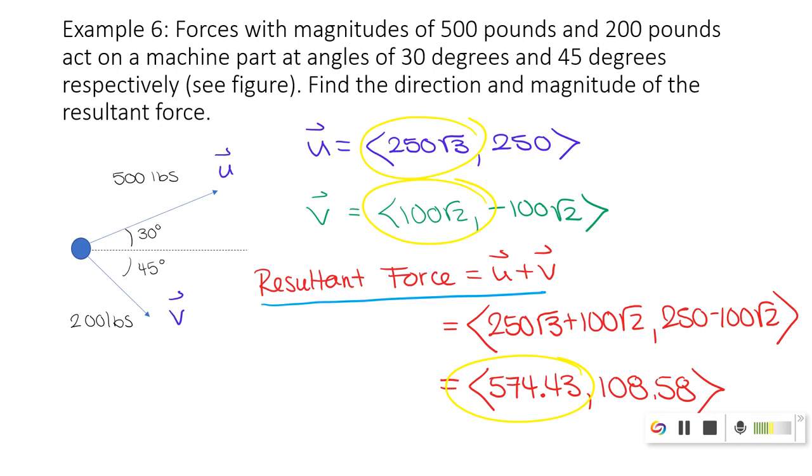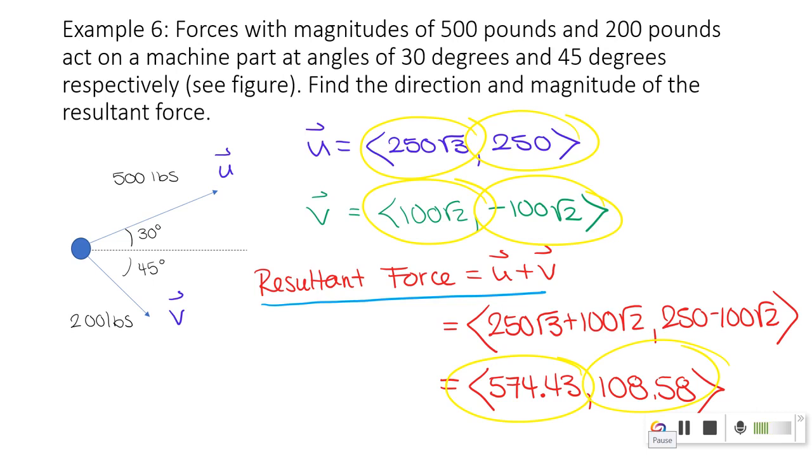Then for the y component, I'll do something similar. I'll take 250 plus negative 100 root 2. I put that in my calculator and got 108.58. So those are the components of my resultant force. Now I have written my resultant force as a brand new vector.